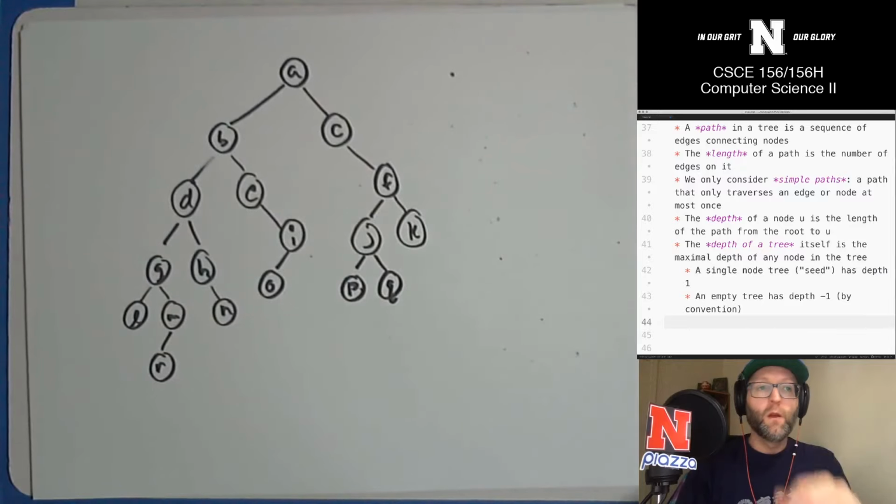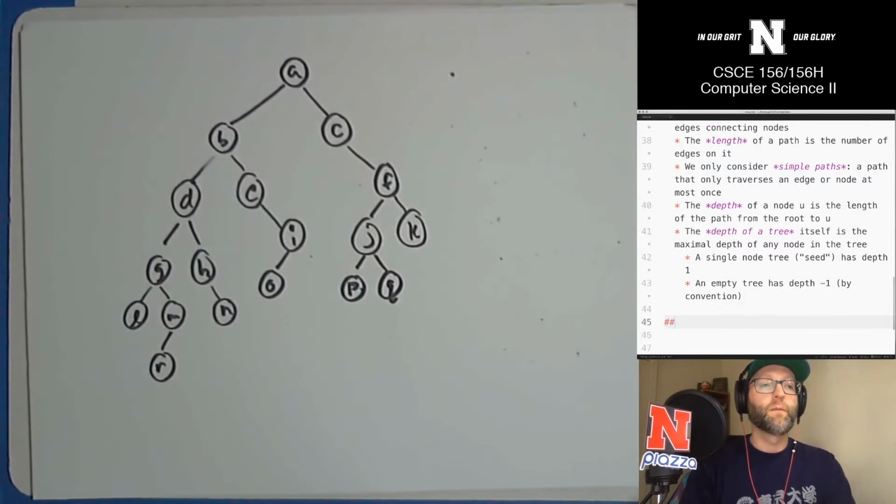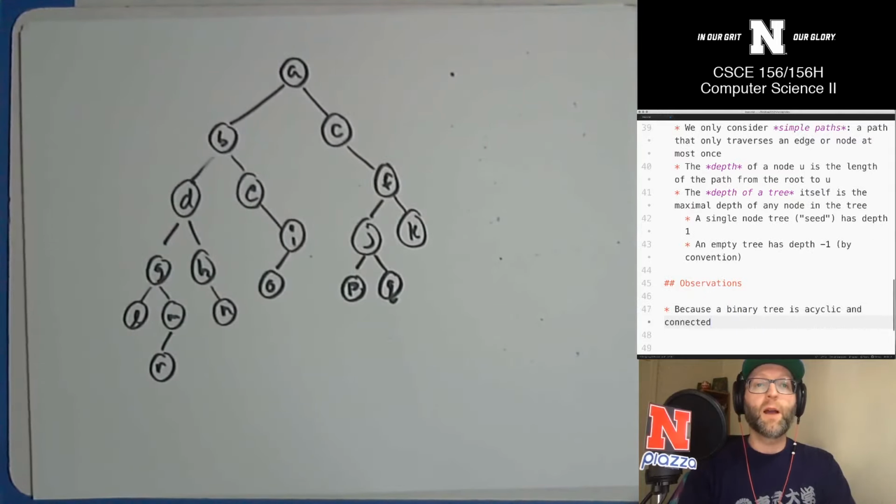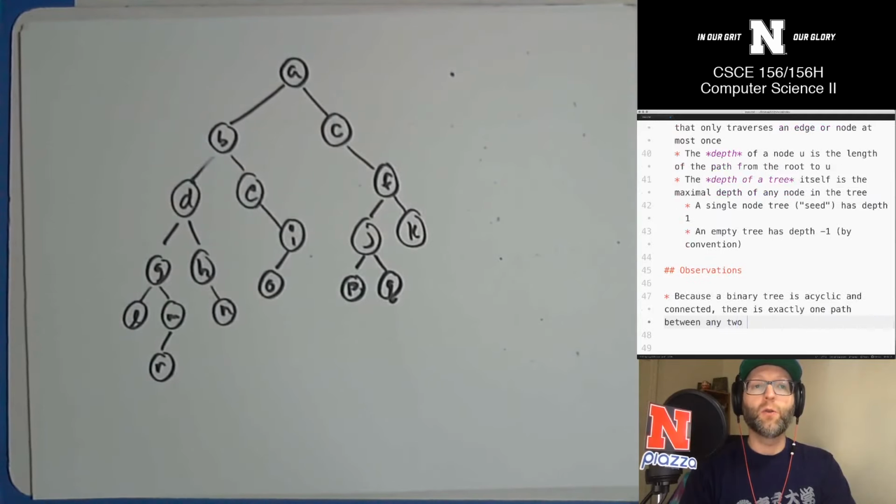Okay. So now some observations. Because a tree is acyclic and connected, and here I'll switch over to binary tree, because a binary tree is acyclic and connected, there is exactly one path between any two nodes, right?